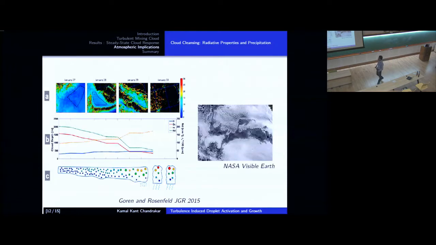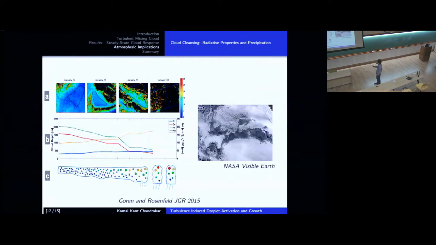What's the implication for the atmosphere? There's a recent study by Goren and Rosenfeld. They used satellite data for studying the cloud cleansing process. Initially they had a very polluted cloud, and then they tracked that cloud and studied its microphysical properties.